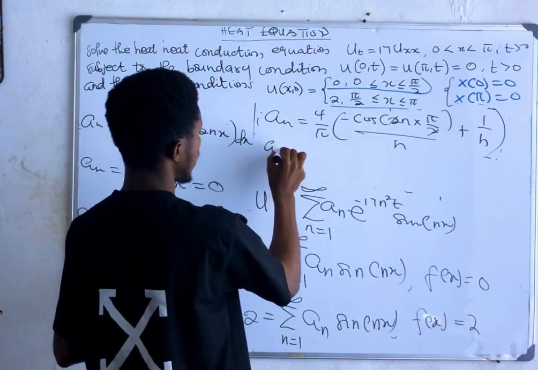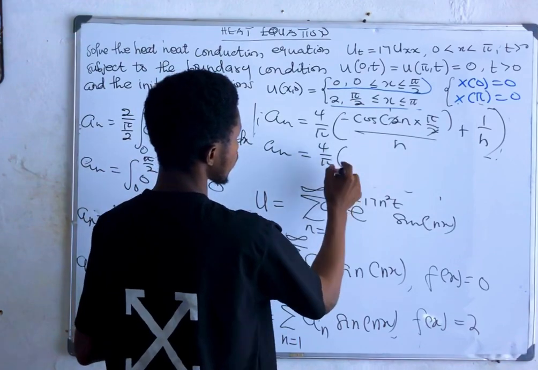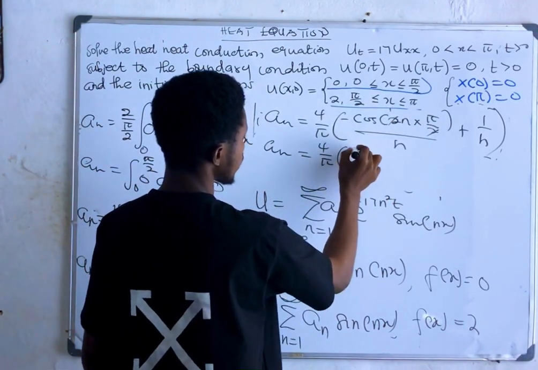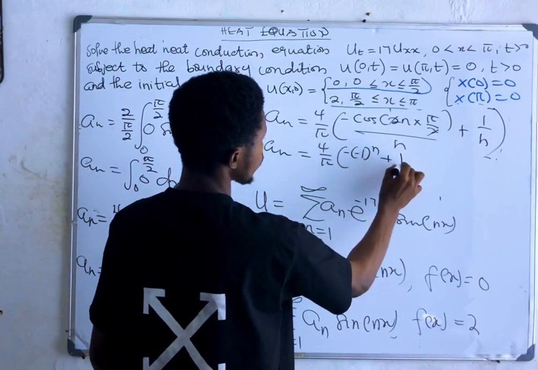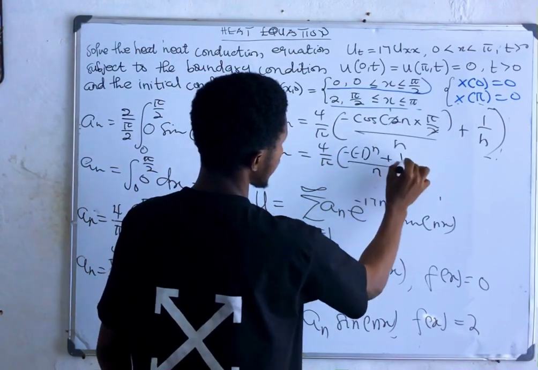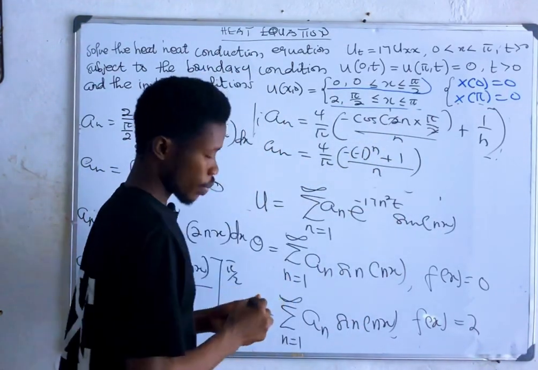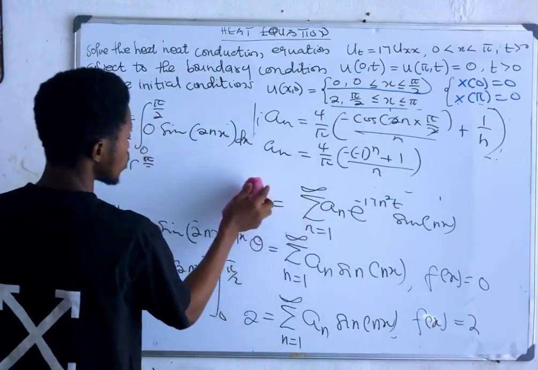So my a_n equals 4 over pi. Now because this one will just give us n pi, that will give us negative 1 to the power n plus 1, all divided by n. Let me clean this side again because I'll be using this.